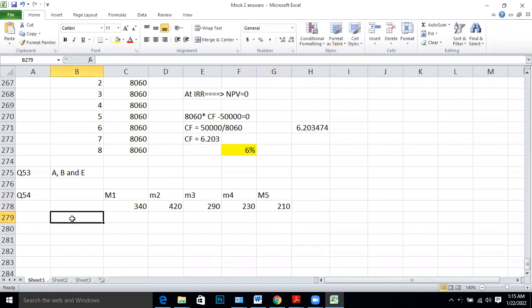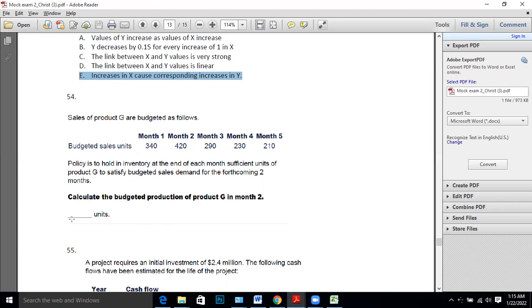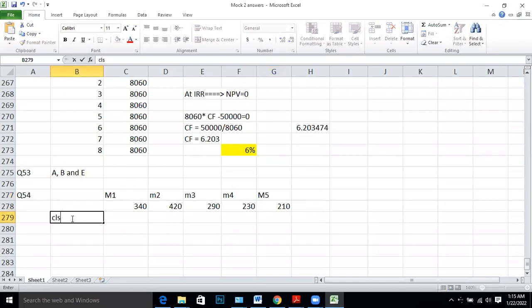So closing stock has to be what? Which month are they asking about? Month 2, right? Month 1 closing stock will be the next 2 months' sales, the sum of these two. Month 2 closing stock will be the next 2 months' sales, month 3 plus month 4. What about opening stock?